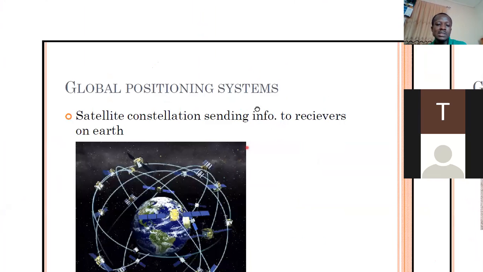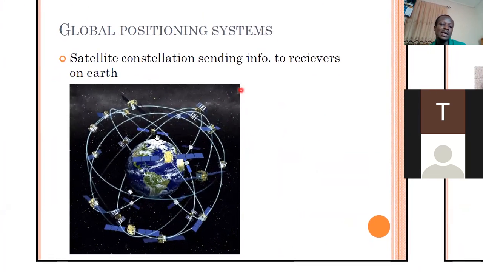So global positioning systems look like this. If you look at this picture, a set of satellites have been launched into the skies and go around in what we call orbits.